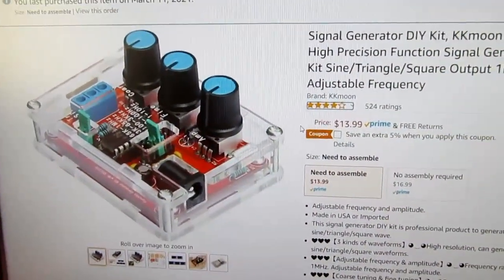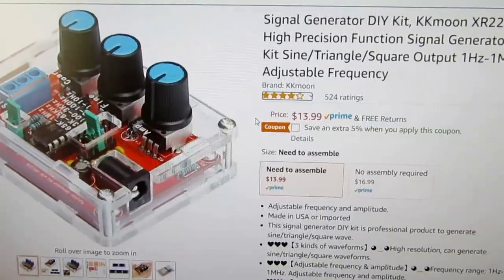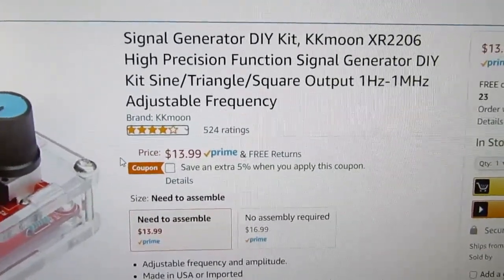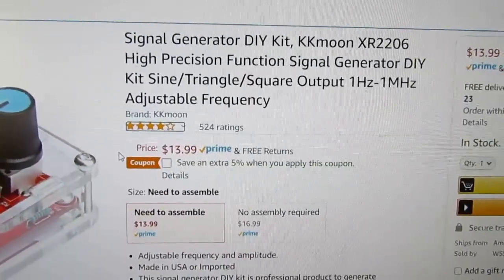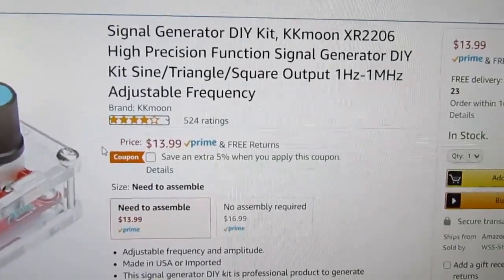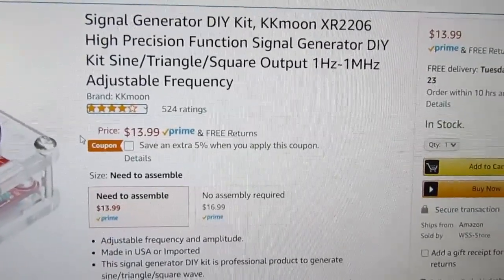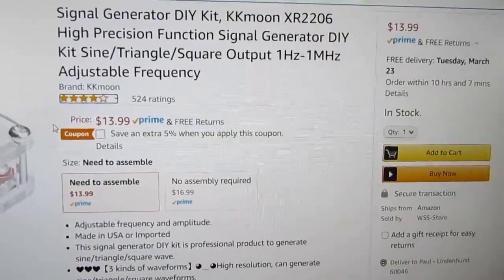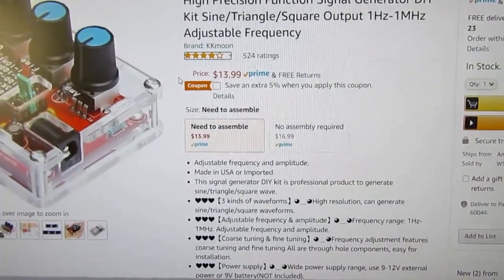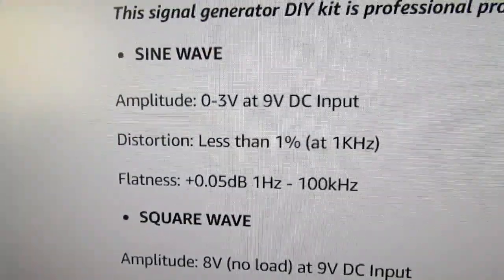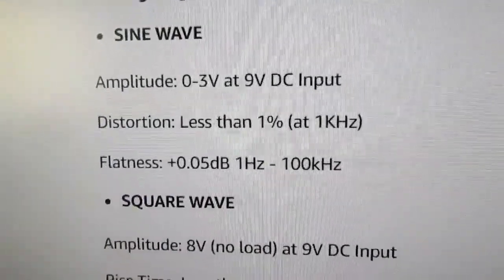Go back to looking at this thing here. It says high precision function signal generator. Well, that's very far from being high precision, if precision means the waveform. It says the sine wave distortion is less than 1%.